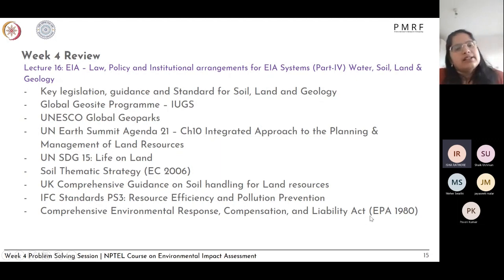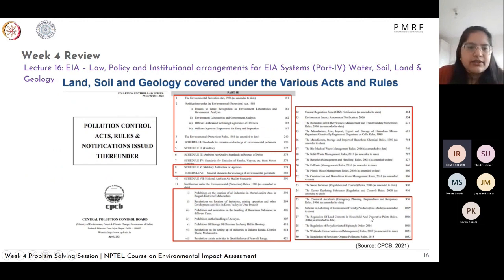And so we had, from an Indian perspective, the Pollution Control Acts and rules defined by the CPCB again. So this is basically the schedule or the index of the notification being issued, and it talks about the environmental protection rules and the emissions for environmental pollutions.